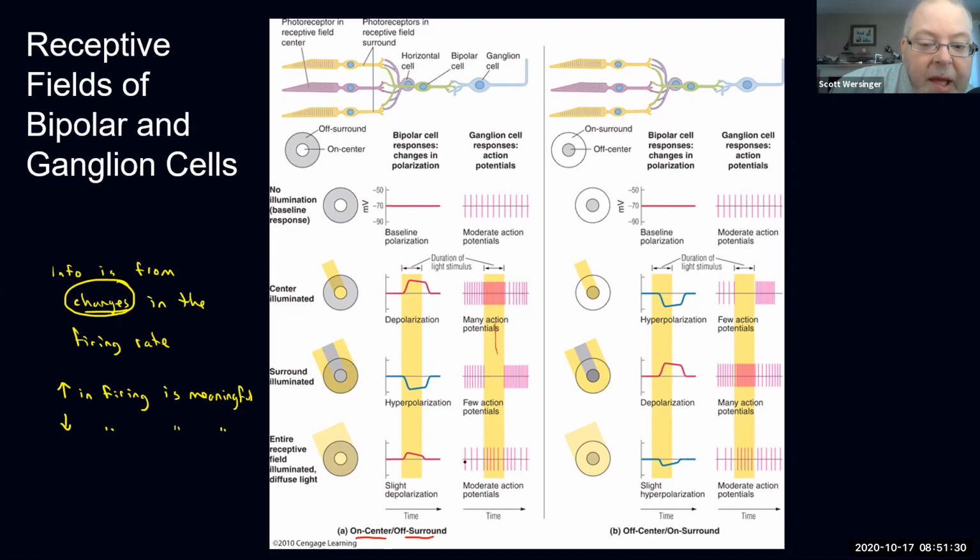If we look at the number of potentials, we'll get a slight increase, okay? But it's not the same as when it's only in the center, and very different when it's only in the off. So in this case, you can think of it as excitation minus inhibition. Excitation wins by a little tiny bit.